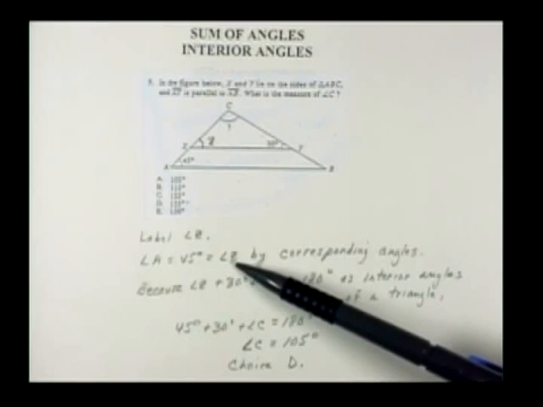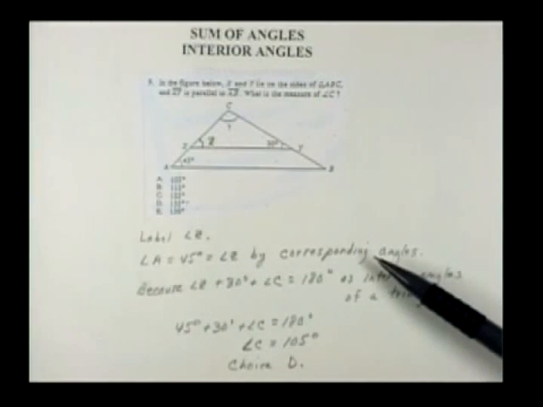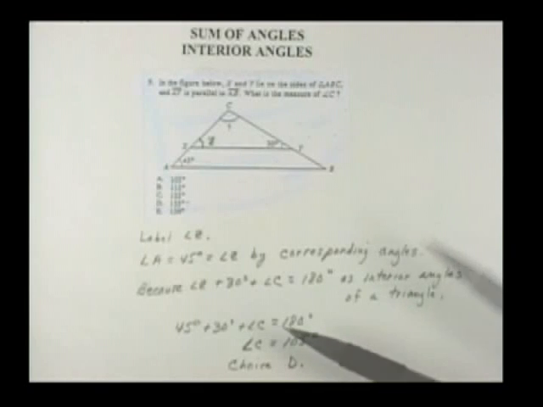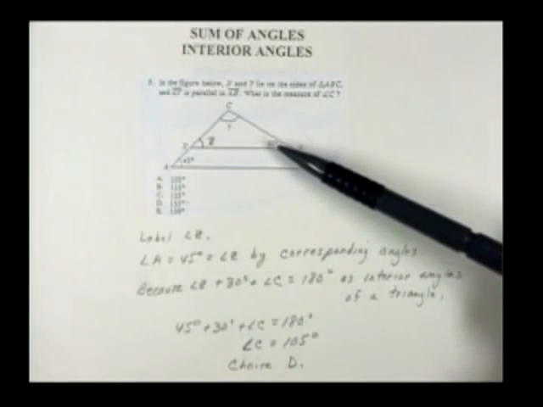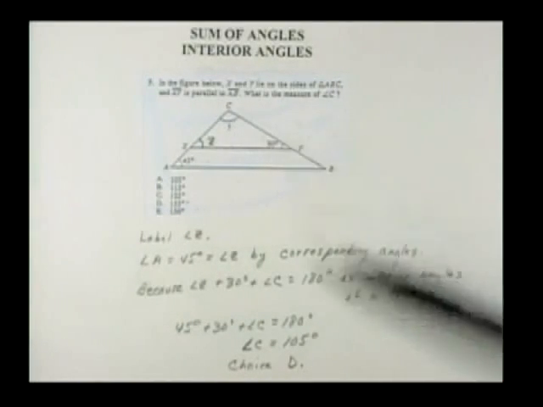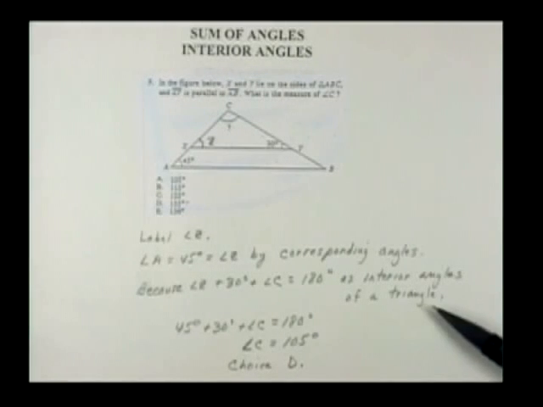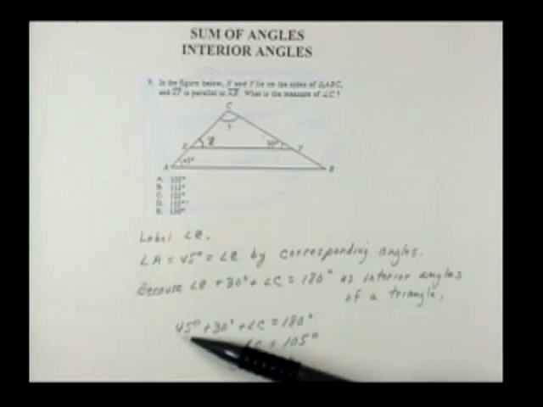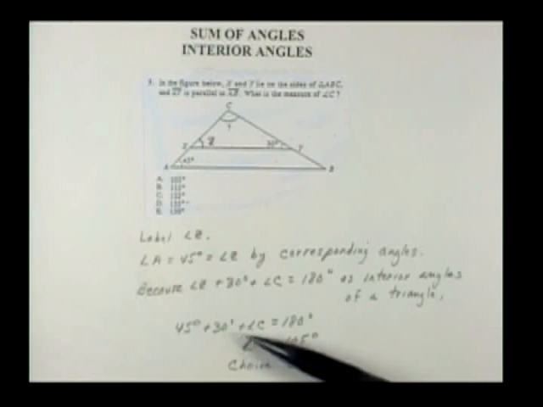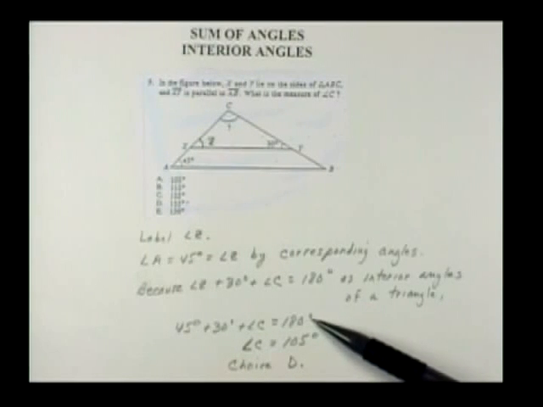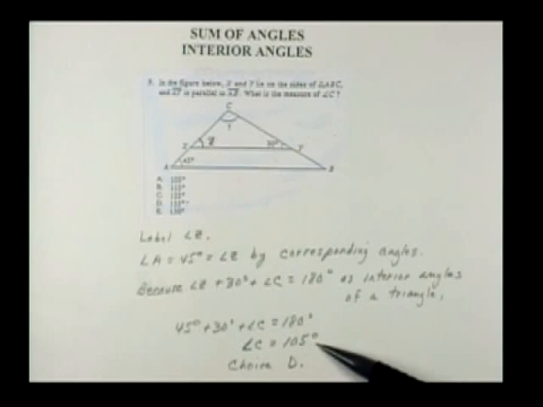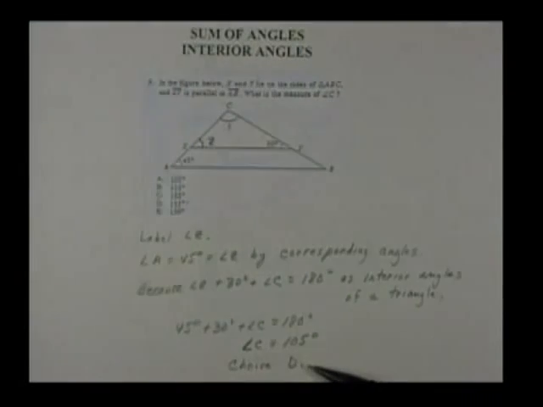This equals angle Z by corresponding angles. These angles have the same measure. Because angle Z plus 30 degrees plus angle C equals 180 degrees as interior angles of a triangle, we have the equation 45 degrees plus 30 degrees plus angle C equals 180 degrees. Angle C becomes 105 degrees, choice D.